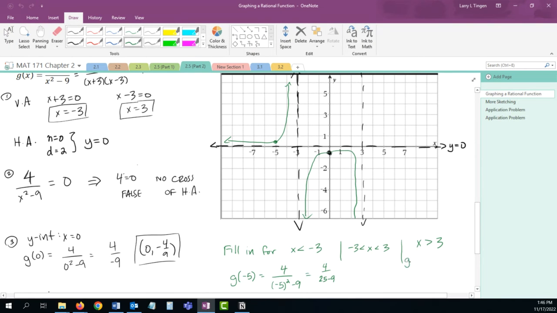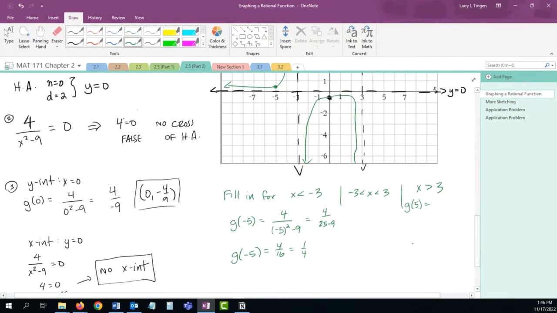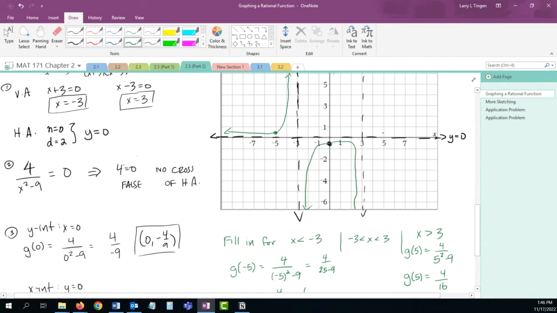So g at 5 is 4 over 5 squared minus 9, which is 25 minus 9, which is 16. So g of 5 is also 1/4. Where does that live? Right up here.